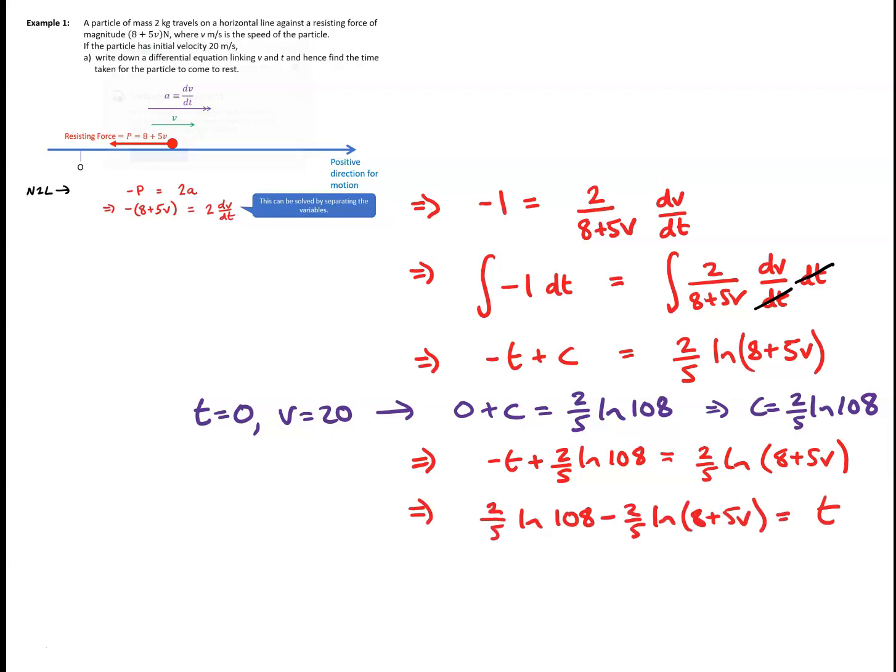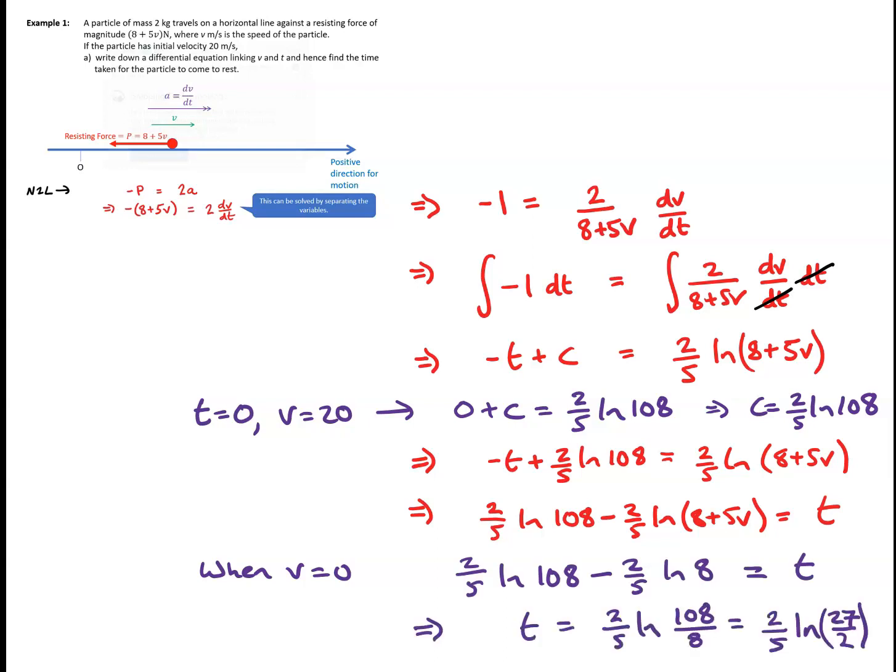In other words, we've got t is 2/5 of the logarithm of 108, take away 2/5 of the logarithm of 8 plus 5v. So when v equals 0, so that's when the particle comes to rest, we've got 2/5 log of 108 minus 2/5 log 8 must equal t.